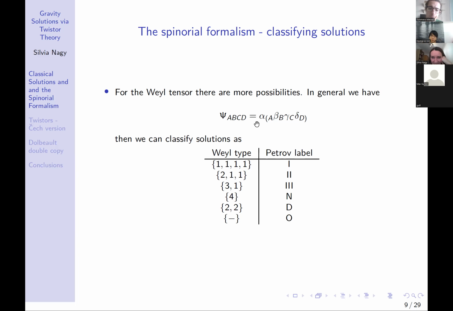For example, if all 4 of these are proportional to each other, I have this 4 degeneracy, and this is called type N. Alternatively, I might have 2 of them, say A proportional to B and gamma proportional to delta. This is what I mean by 2, 2. This is type D. The most general one, where all 4 are different, is called type 1. I hope the rest of them make sense. So you see, in this case, I can really classify different types of gravity solutions.